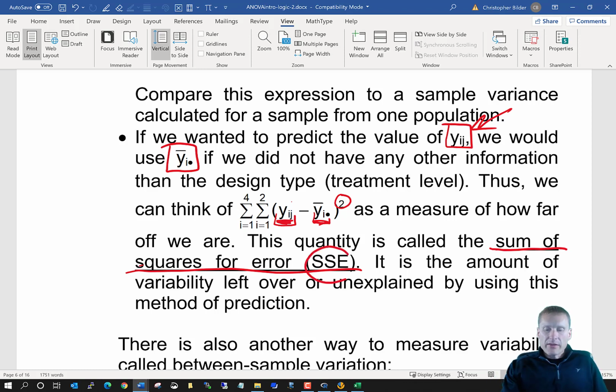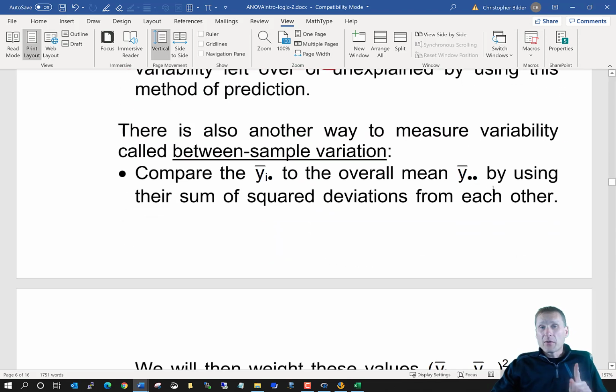People often abbreviate this as SSE. So we have MSE, which is like the average squared error, and then we also have SSE as well. So that's the first kind of measure of variability that we're going to look at with respect to ANOVA.